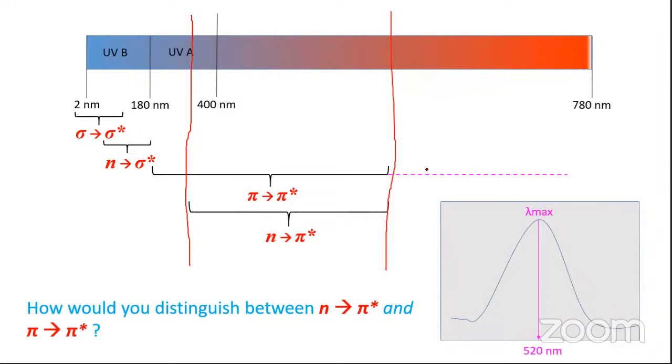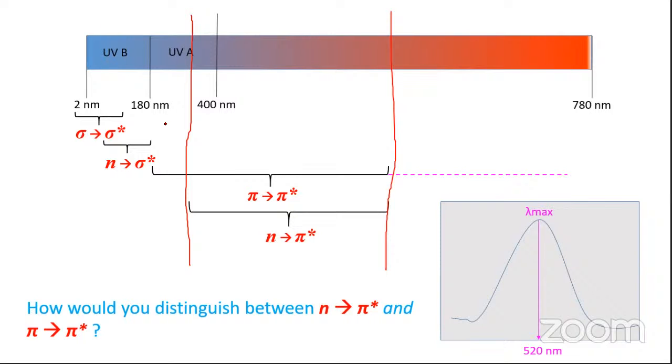Yes? Yesterday, in the last class we discussed what is the character that is associated with pi electrons. Which of the two electrons that are involved in bond formation, according to you, are more stable?